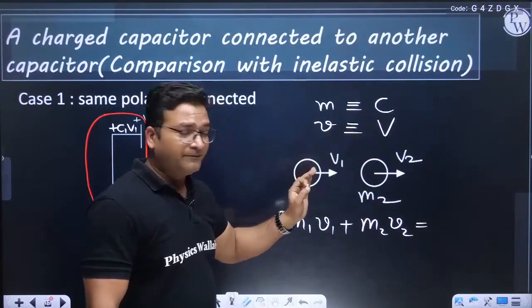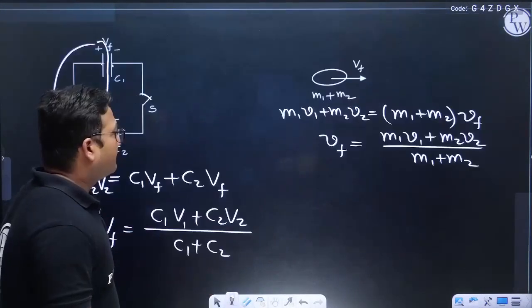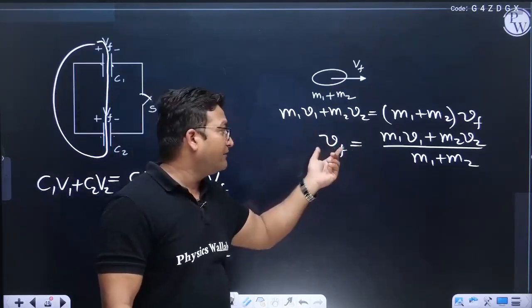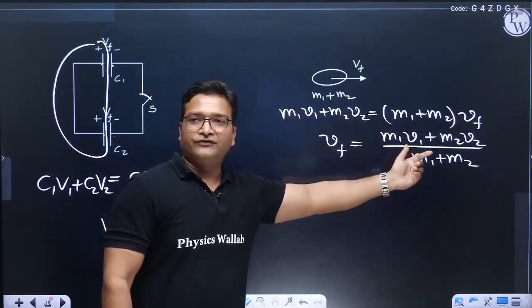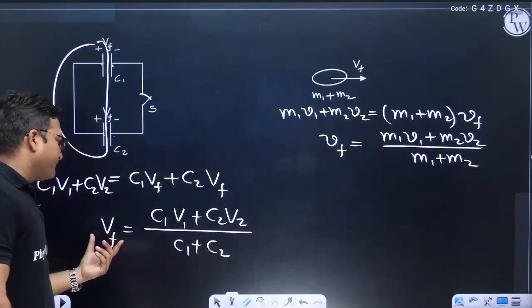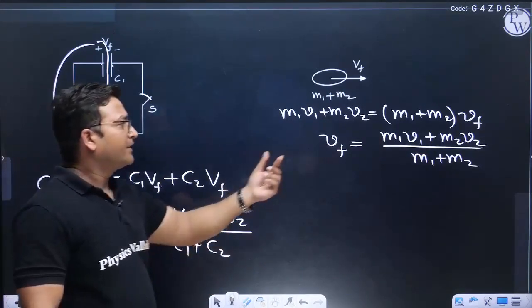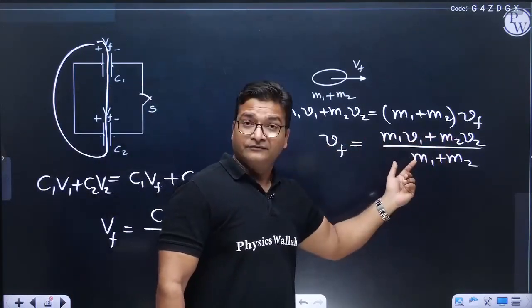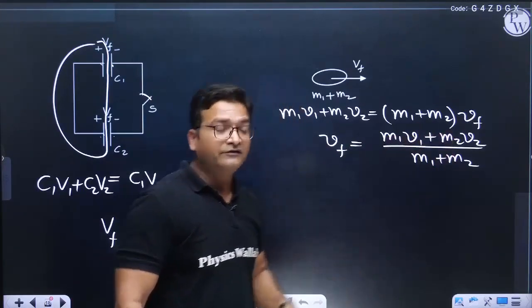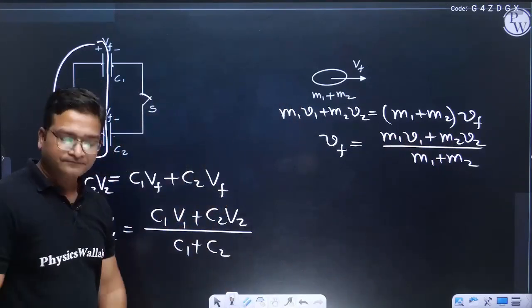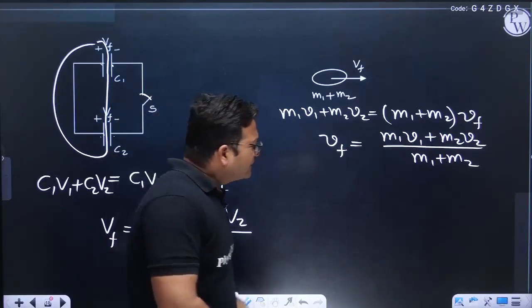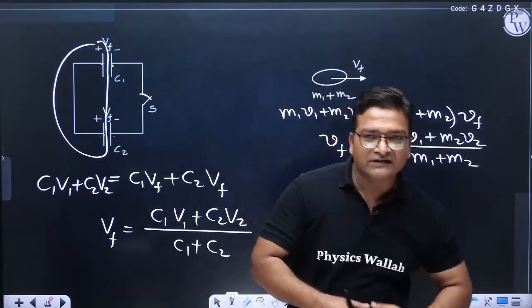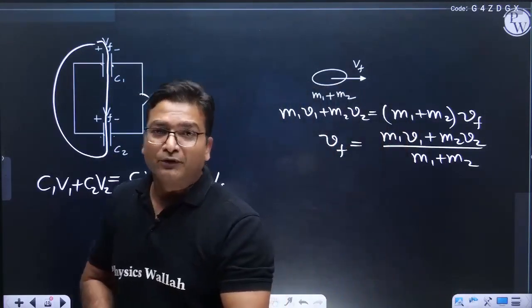By conservation of momentum, you write the final velocity, and the final voltage can be found by replacing masses by capacitors and velocity by voltages in the final result. But still, this is not a very good approach.